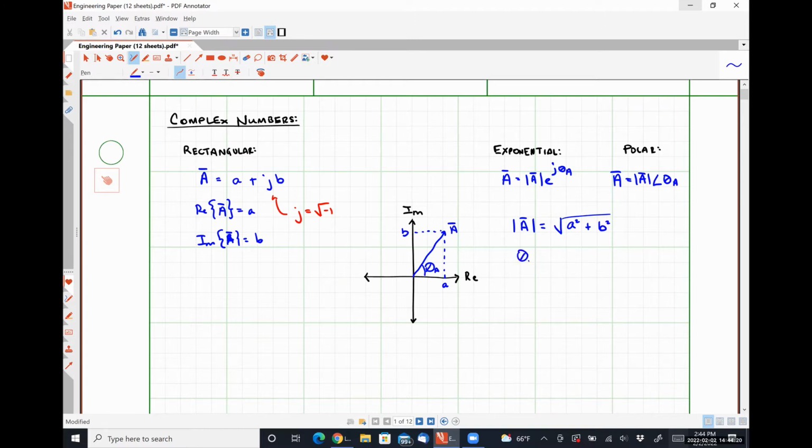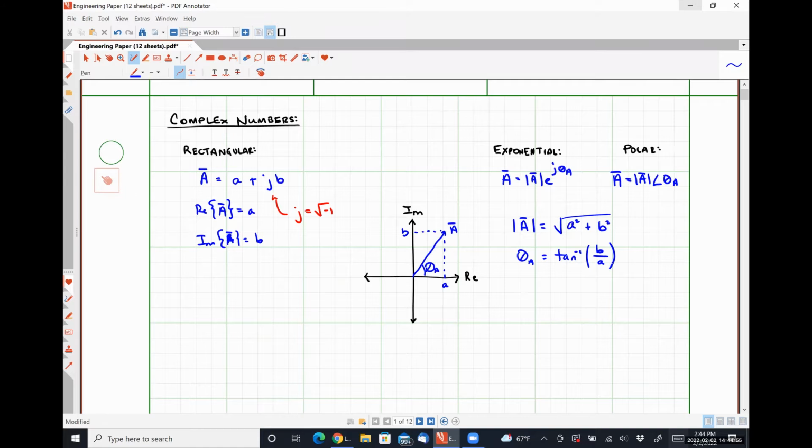The angle theta A, again using trig identities, is nothing more than the inverse tangent of the imaginary part over the real part. So that tells us how to get the components of both the exponential form and polar form from a rectangular form.